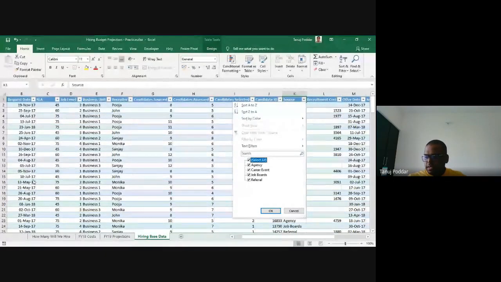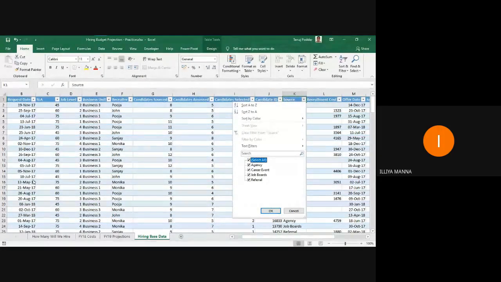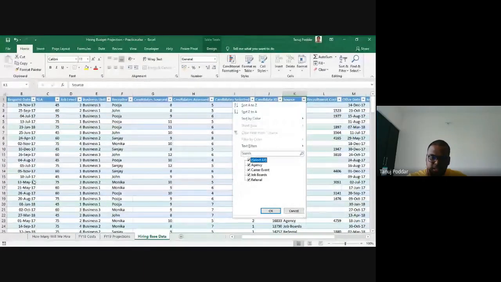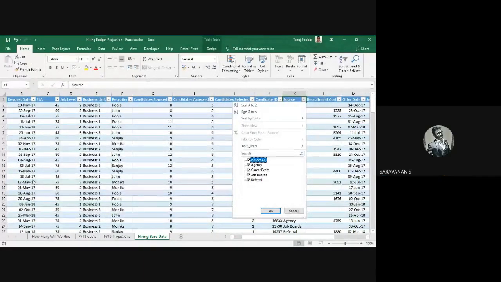Do you understand what an agency is? Sir, is it like a third-party contractor? Yes, a third party. So a third party that does what? There are third-party companies that do recruitment majorly for their clients.